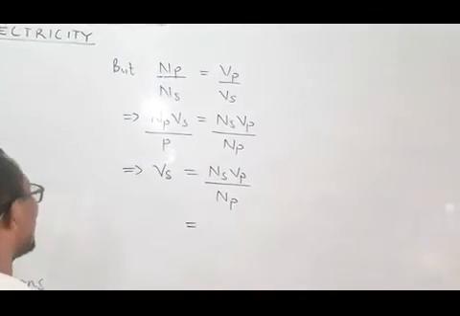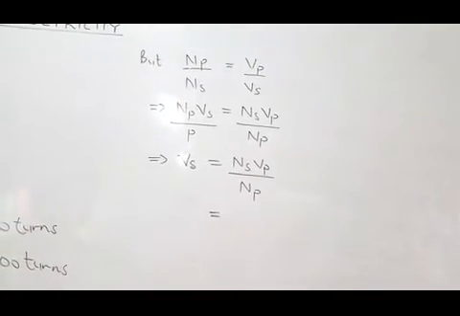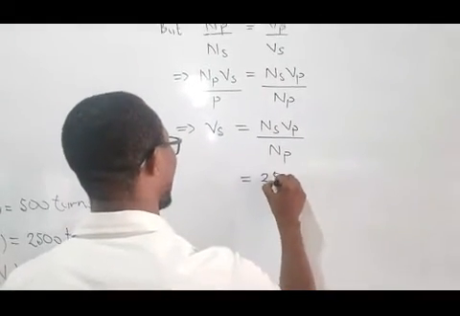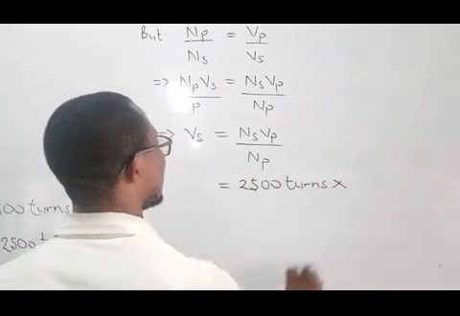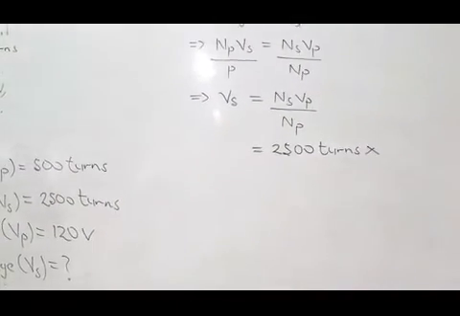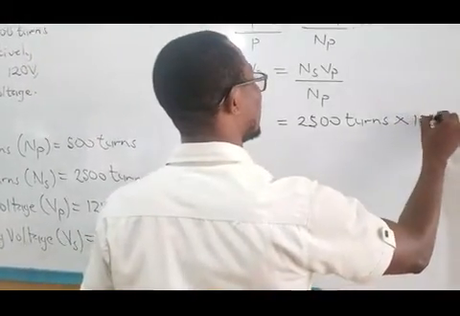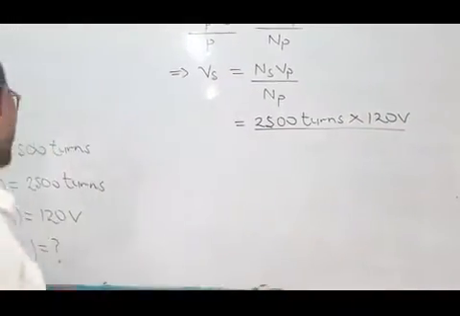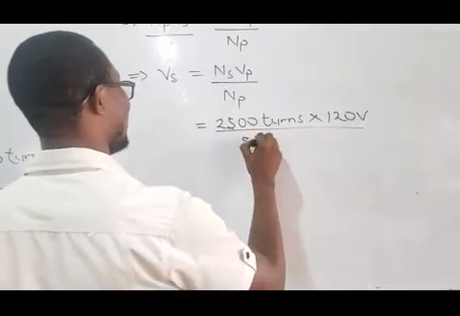So we do our substitution. The number of secondary turns is 2,500 turns, times the primary voltage, which is 120 volts, over the number of primary turns, which is 500 turns.